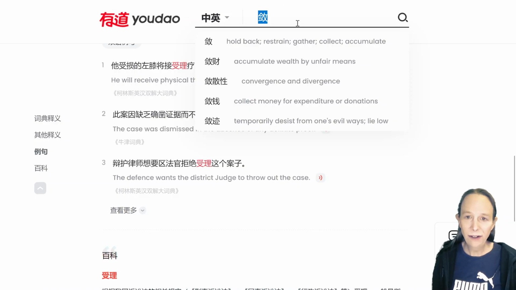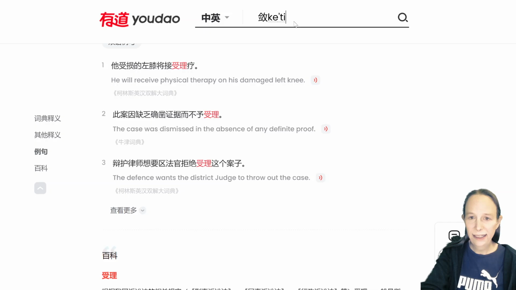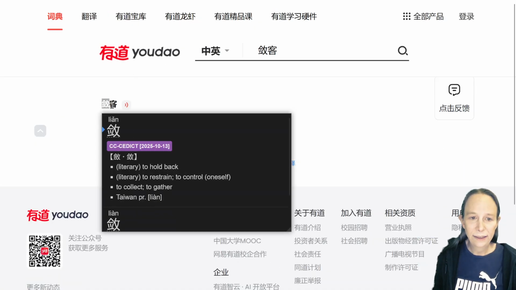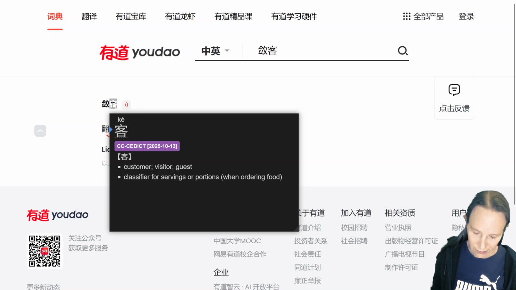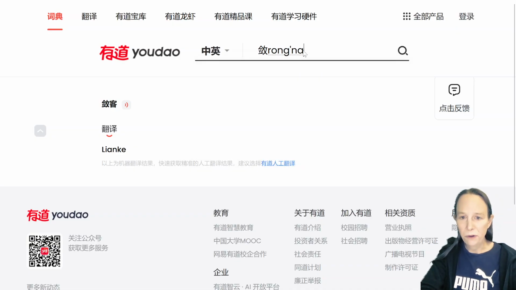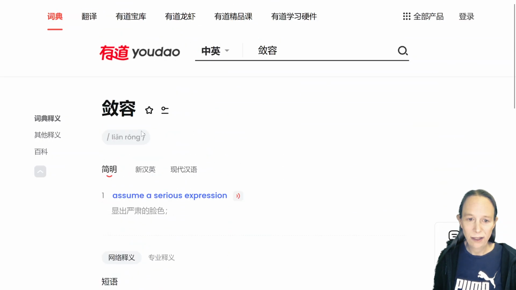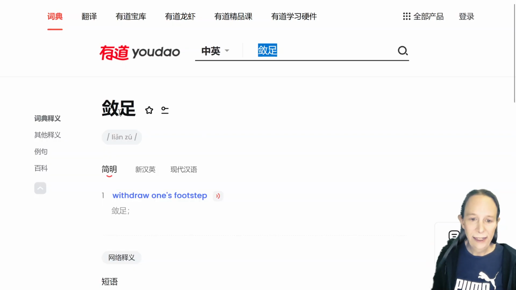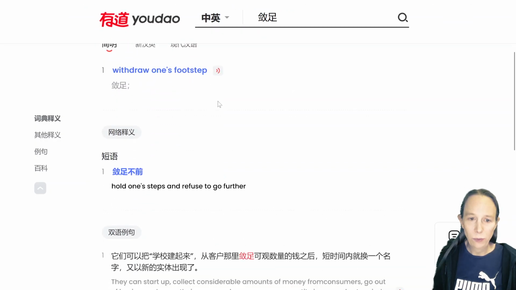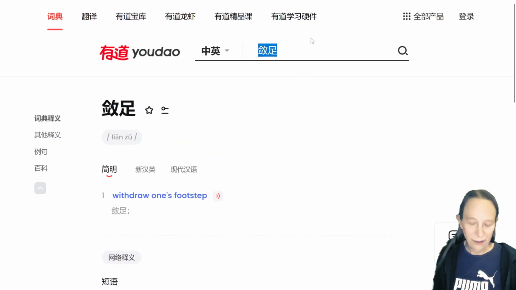Okay, no, 连课 and 连组. No, I misread this. It's not 课, it's 容纳的容, 连容. So this is a word 连容. Yeah, all right, let's move on. 连足, withdraw one's footsteps. Yeah, all right. No, I don't care.